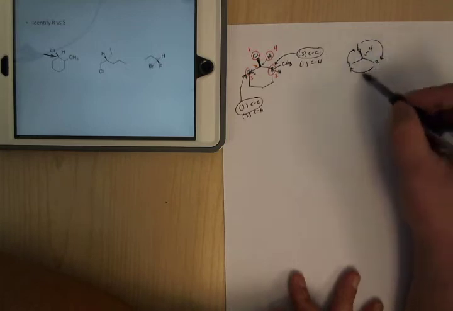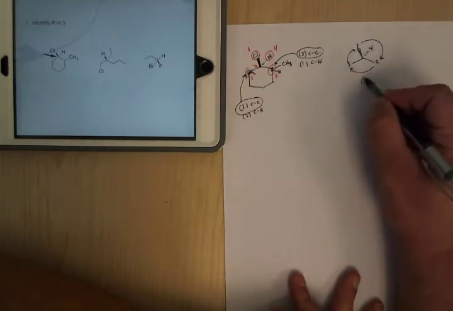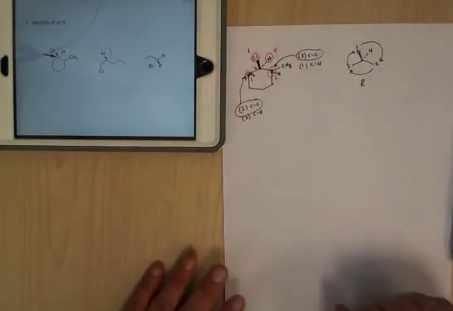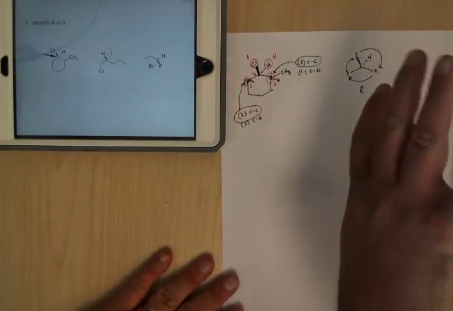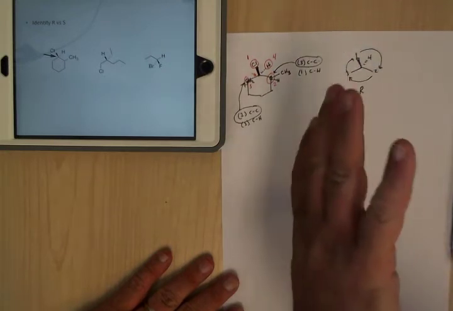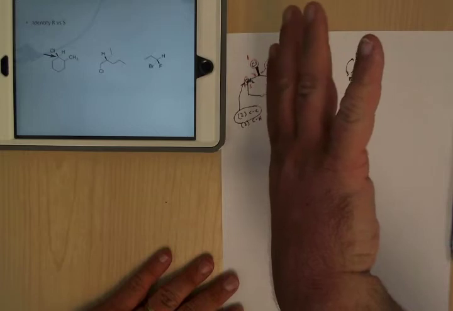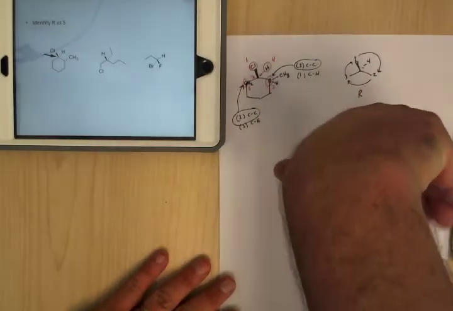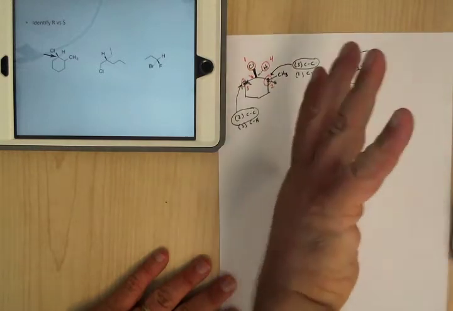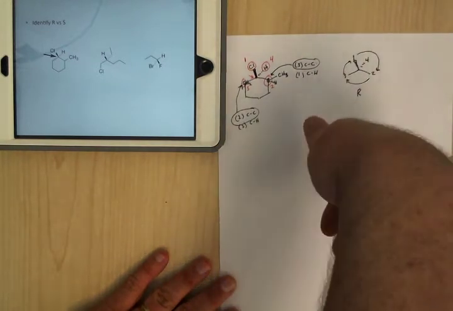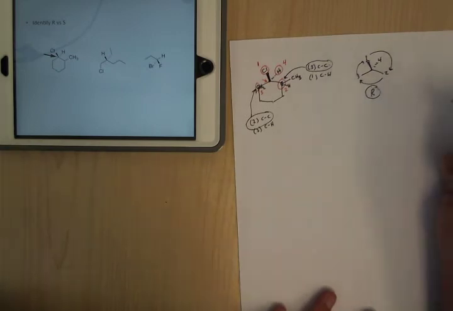Since it's going clockwise, it would be R. If you're going to do your thumb method, the thumb should be pointed how the 4 is, and the fingers of your right hand sweep 1, then 2 over there, and then 3, like that. 1, 2, 3. So again, it's R.